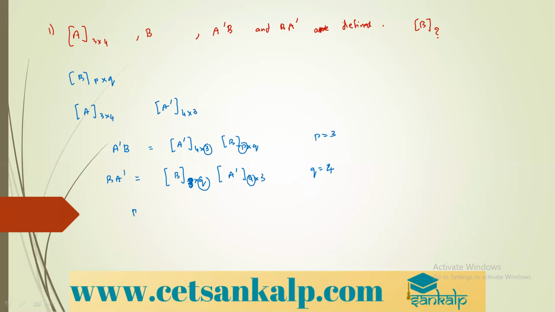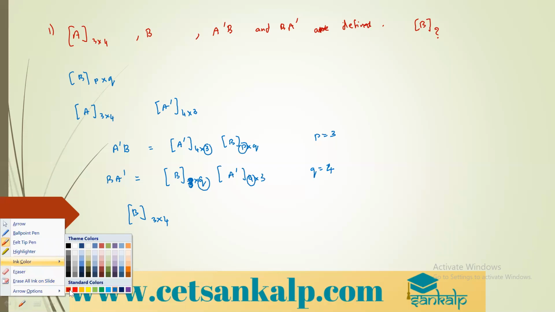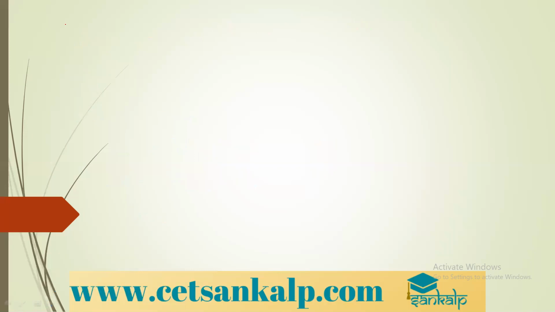So I can say the order of B is P by Q, that is 3 by 4. It's a simple concept. Only thing is you must relate. Okay. Next, we will go to question number 3, not 2.